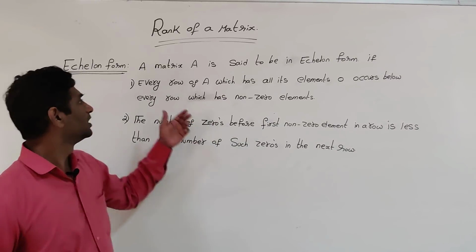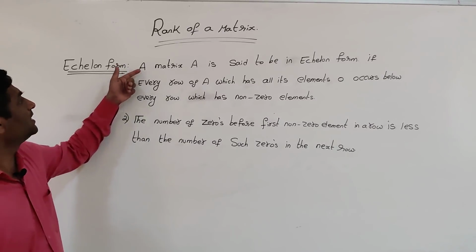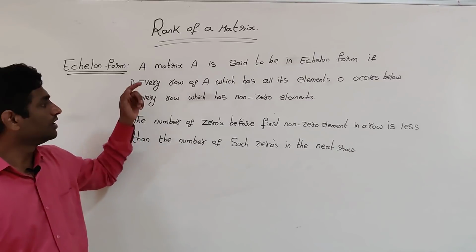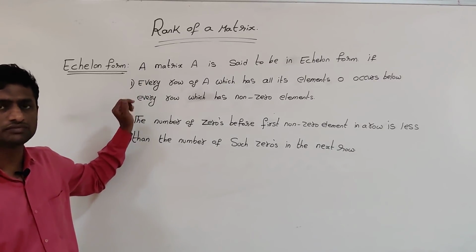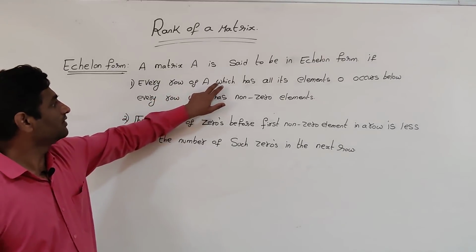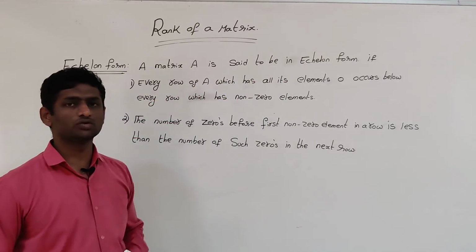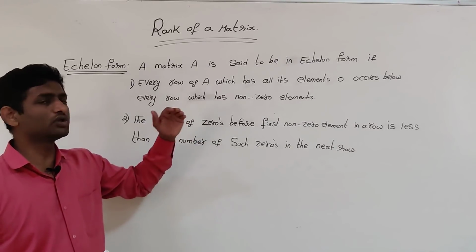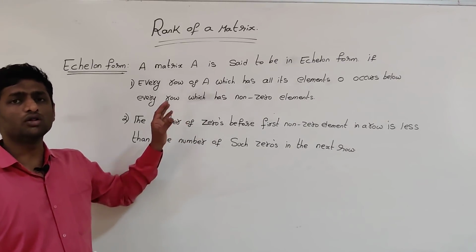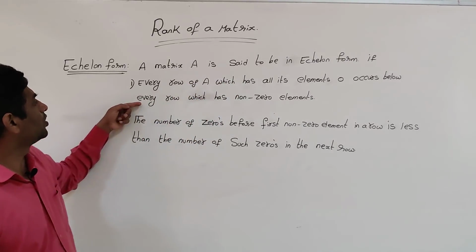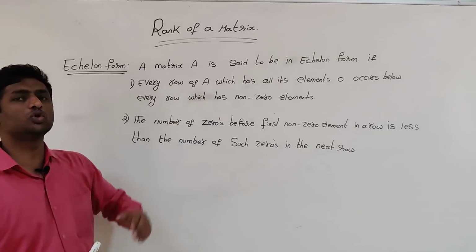We'll see. A matrix A is said to be in echelon form if it satisfies 2 conditions. Number 1, every row of A which has all its elements 0, means after going for the operation, if all the elements in a row are zeros, that should occur below every row which has non-zero elements.